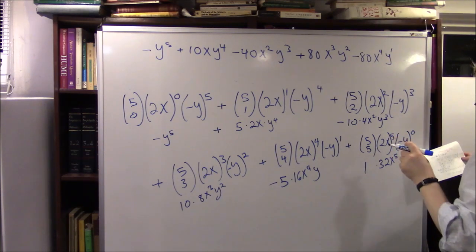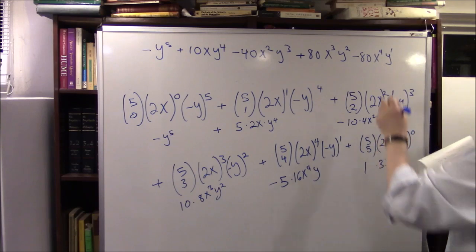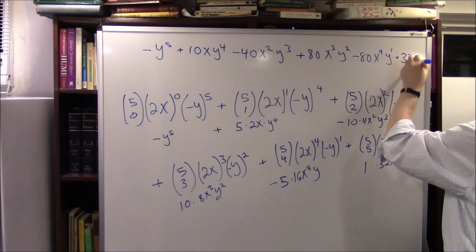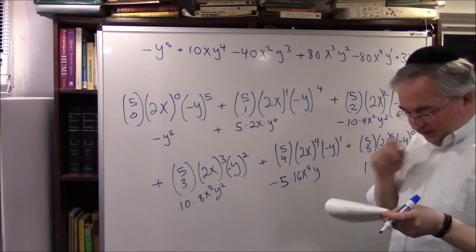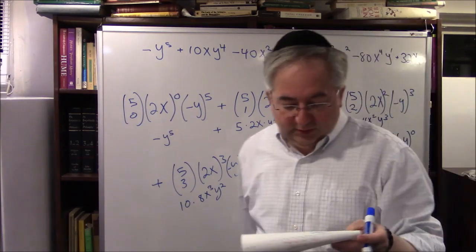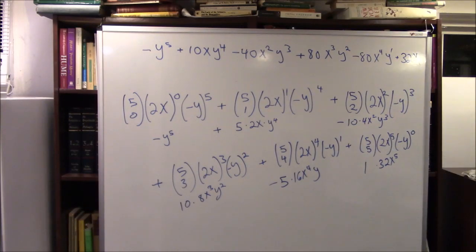Okay. And finally, plus 32x to the 5th. Okay. Anyways, it's a nice, easy way of doing it. And it's very nice. Okay, next.